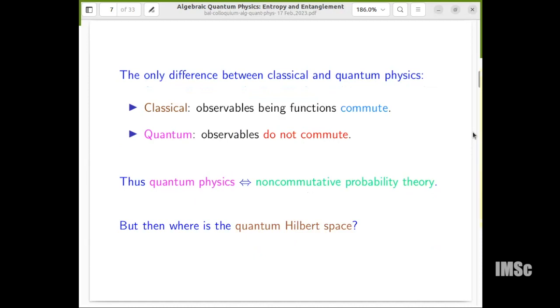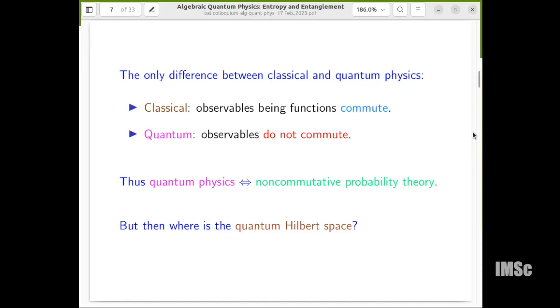So the point of view that is emerging here is that quantum physics is nothing more than a non-commutative probability theory. But then the issue arises, where is the Hilbert space with which we start our game? That is how textbooks like Messiah, or some other textbook which we teach, start.